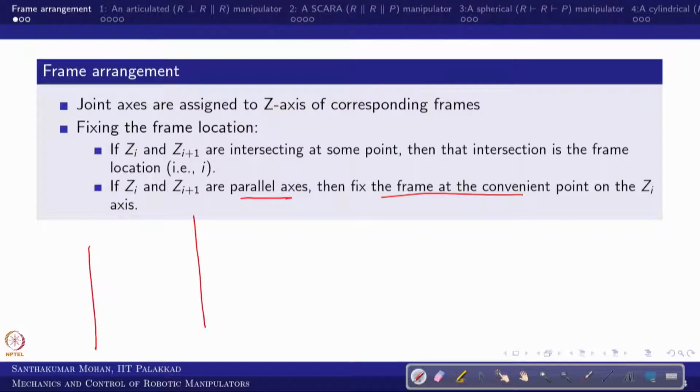Now you can see these two are zi and zi plus 1, so you can fix it anywhere on a convenient basis. In that case, this is the common normal which you are going to draw, and then your xi can be fixed accordingly. This is the whole idea.